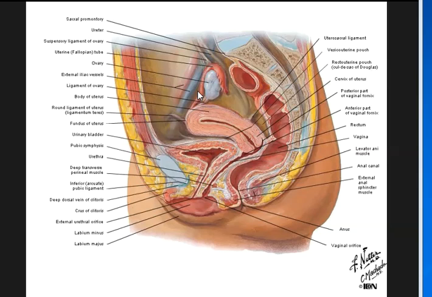They ascend along the ovarian vessels and drain to the lateral and preaortic nodes. The ovarian plexus, derived from the renal, aortic, and hypogastric plexuses, accompanies the ovarian artery and reaches the ovary.